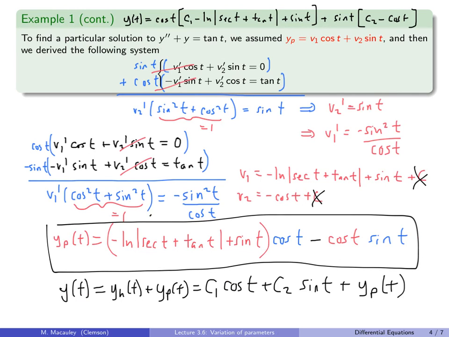So you can see why undetermined coefficients is not going to work. There's no way you would have ever guessed a solution like this to this dinky little ODE.